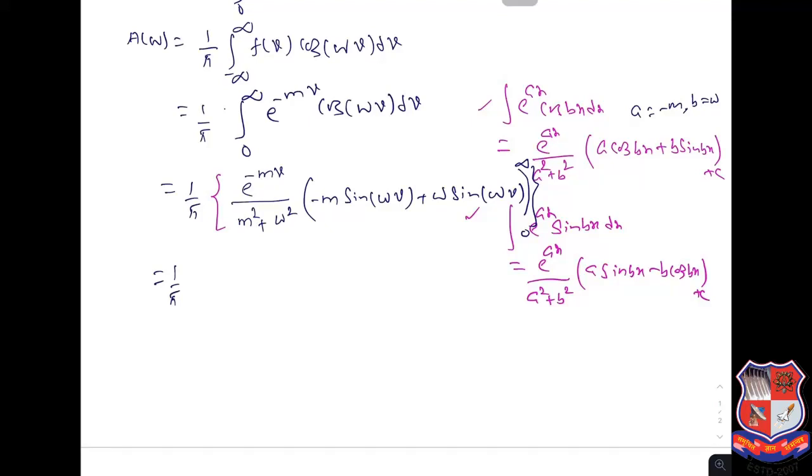So this is 1 upon π. Now if we apply infinity, this will be 0, because as v tends to infinity, e power minus mv is 0. Then for the lower limit 0, this part is 1 over m square plus ω square.